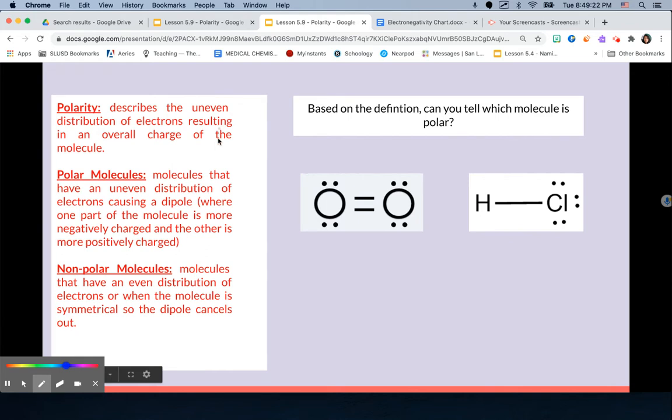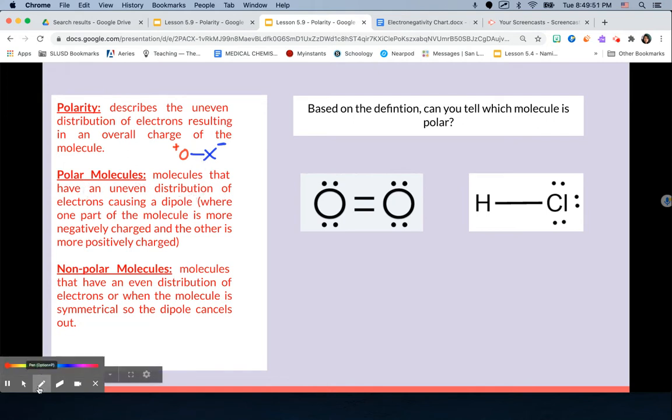I'll essentially end up with a molecule that might be slightly negative on one side, but a little more positive on the other, right? So if you recall in Zoom class, you might notice some weird things happen if there's a slight difference or an overall charge in the molecule.